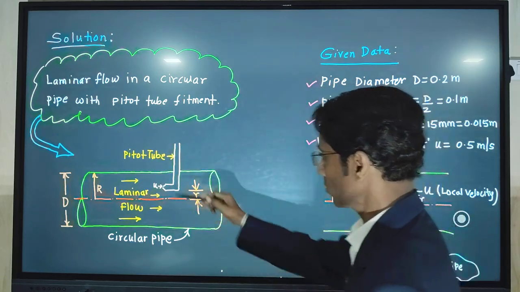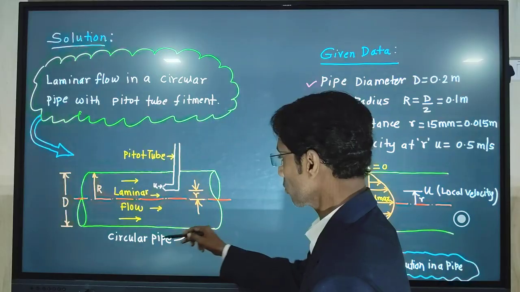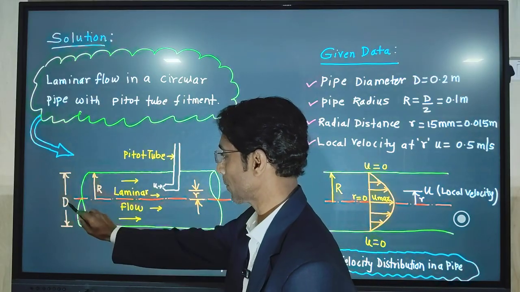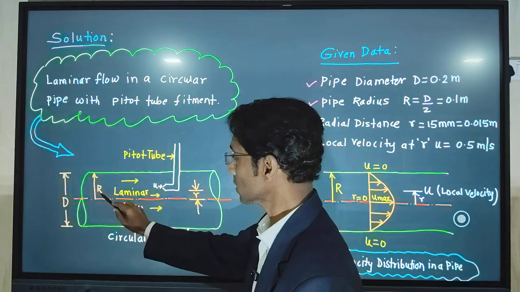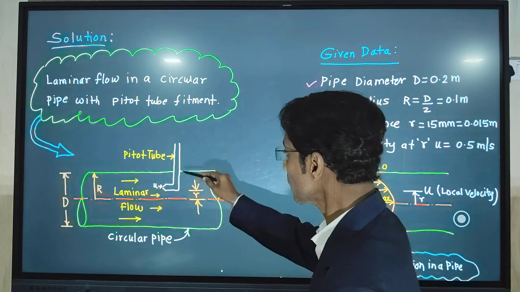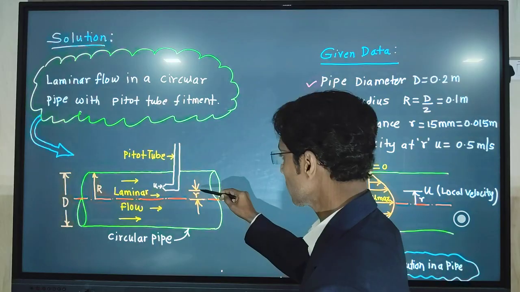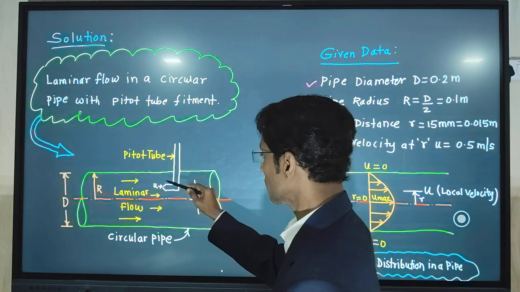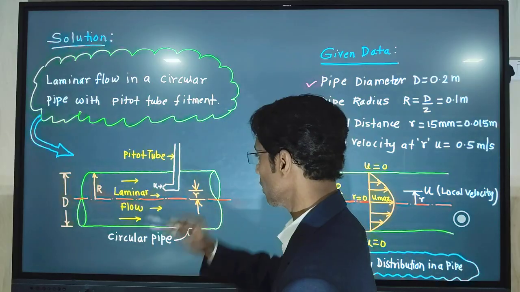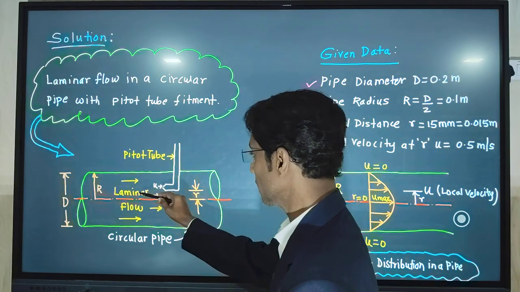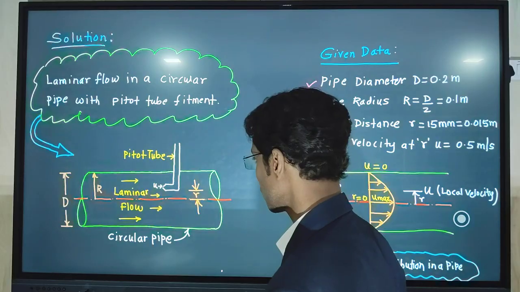In this diagram, this is a circular pipe shown with the dimension as a diameter capital D, radius as a capital R. This is a pitot tube fitted at radial distance small r, which measures the local velocity small u. The type of flow passing through this tube is a laminar flow.